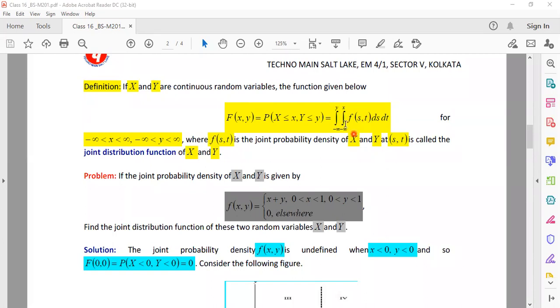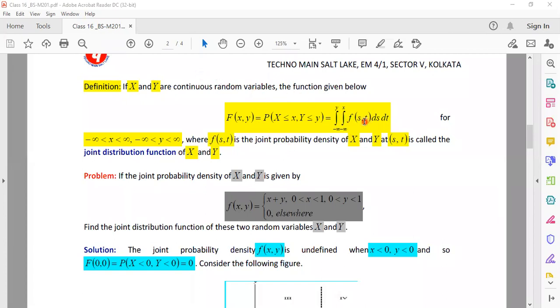After integrating this particular quantity, we are going to replace s by small x and t by small y. And these upper limits corresponding to the two variables s and t can also take any value on the real line. This f(s,t) is our joint probability density function of the random variables capital X and capital Y.